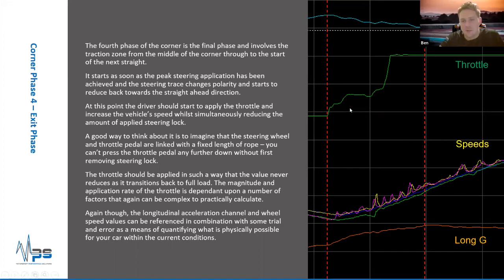Quite often you'll get drivers complain of specifically mid-corner or corner exit understeer, and that's where the car hasn't finished turning yet, so you're asking a lot of the front wheels, but the driver has already picked the throttle up. It's probably the most common thing I see, especially working with amateurs.